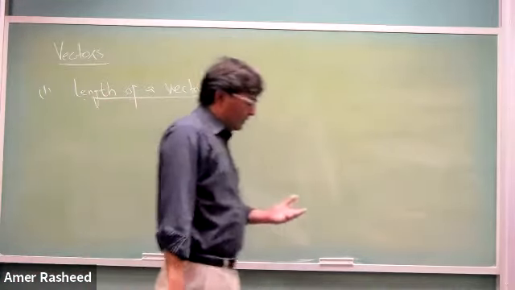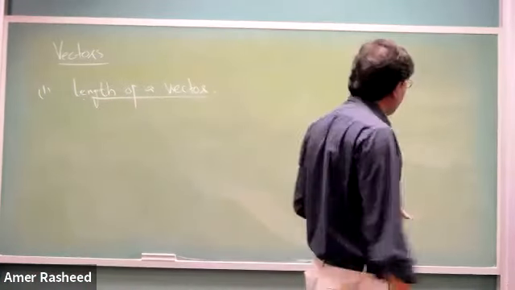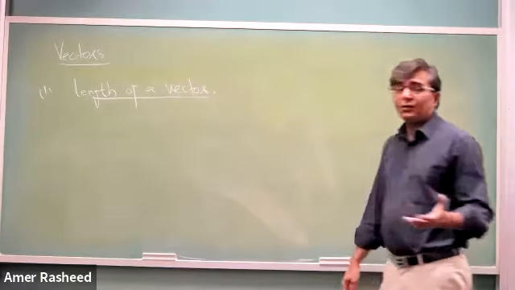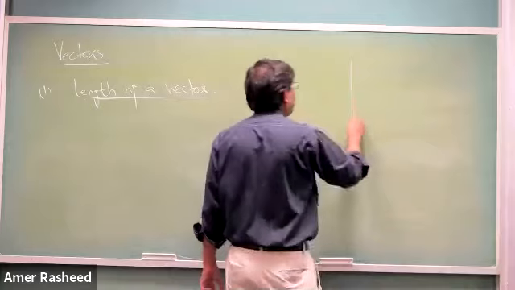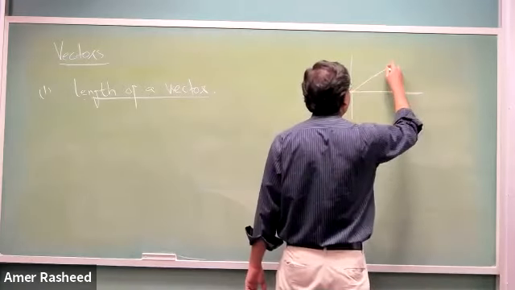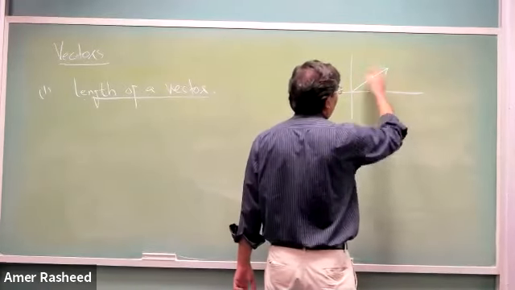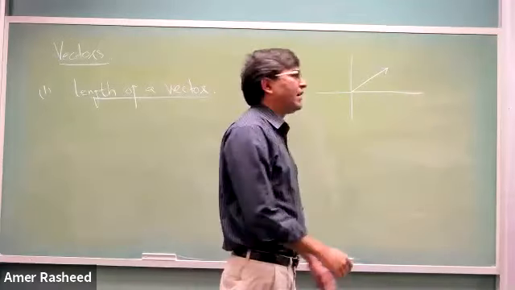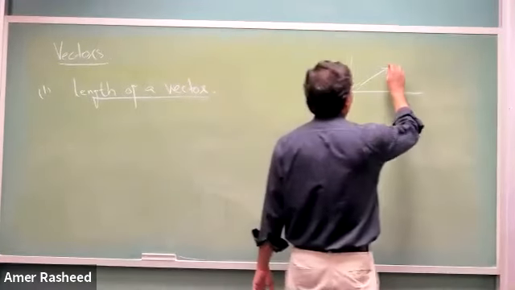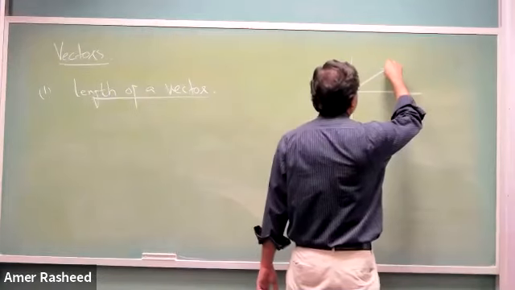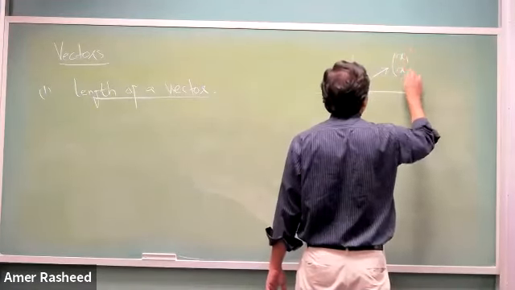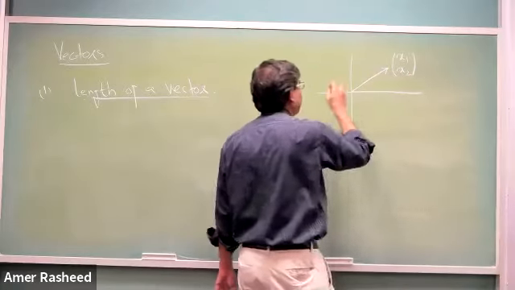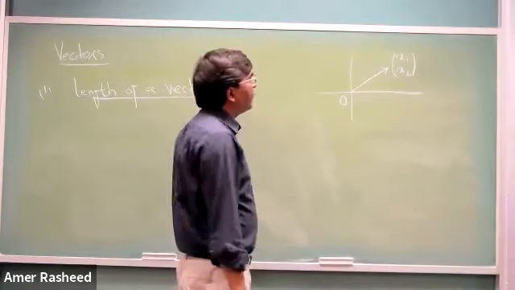In 2 dimensions, in your earlier classes, in intermediate or in A levels, O levels, you might have studied: if you have any vector in 2D, what is the length of this vector? How can we calculate it? If the components of this vector are x1, x2, how can we calculate the length?